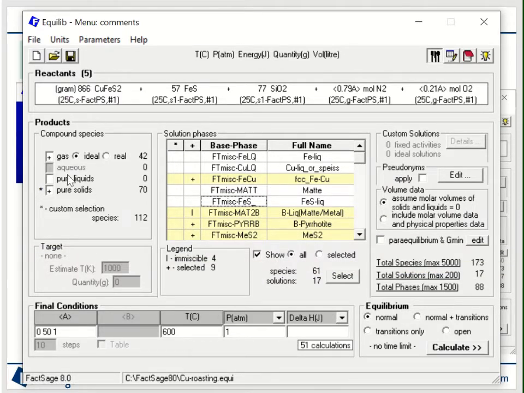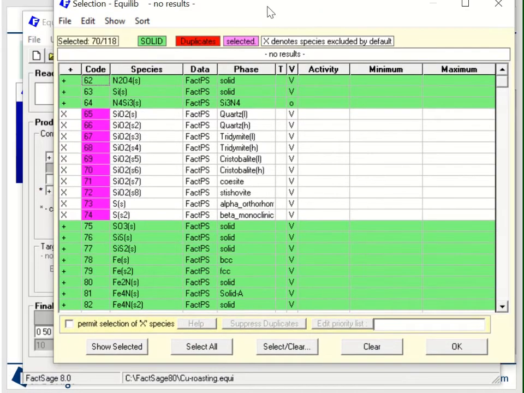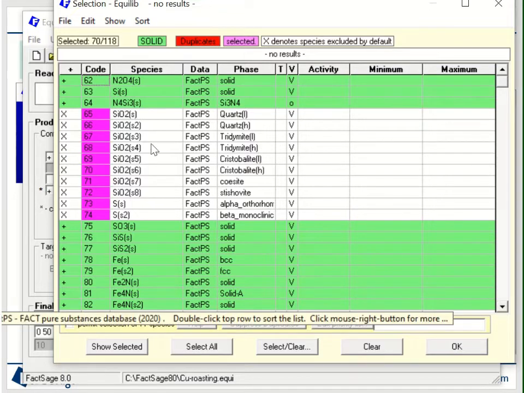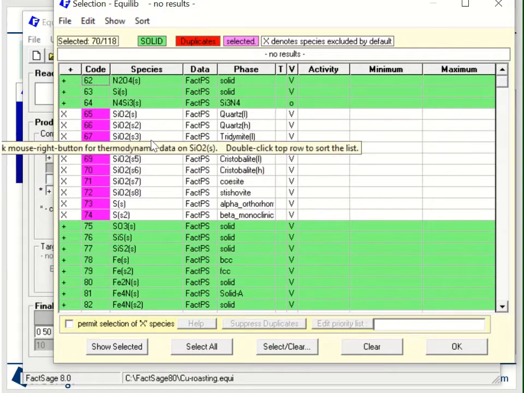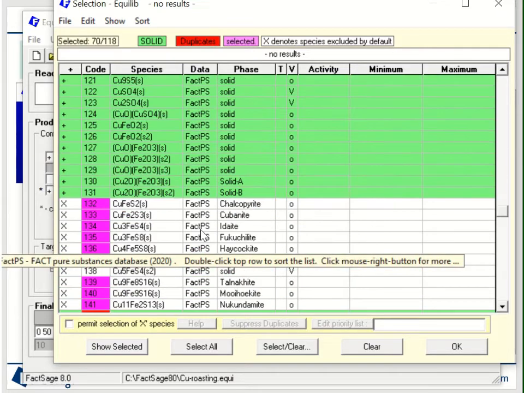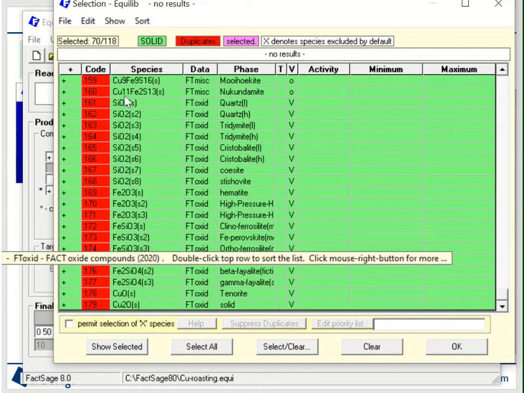And for solid and gas phases, you can select all the phases. Sometimes there's a custom selection like this. If you right click on top of this one, you can see that there are a lot of duplicated phases. Some of them are selected, some are not, depending on the priority of the databases we set internally. For example, SiO2 exists both in the FactPS database and in the FT oxide database here.